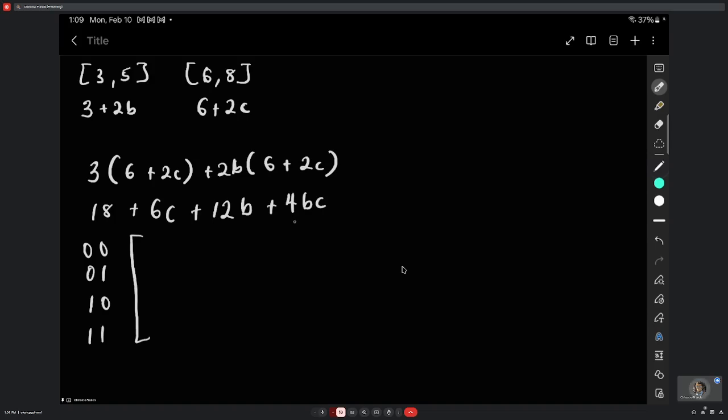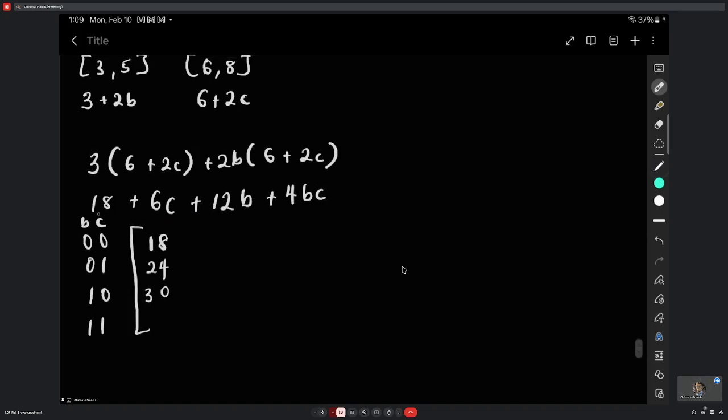So at 0, 0, at B, C, so it is 1, 1, 0, and at 1, 1, that'll be 10.